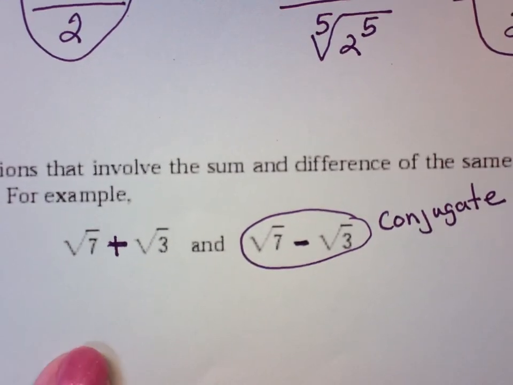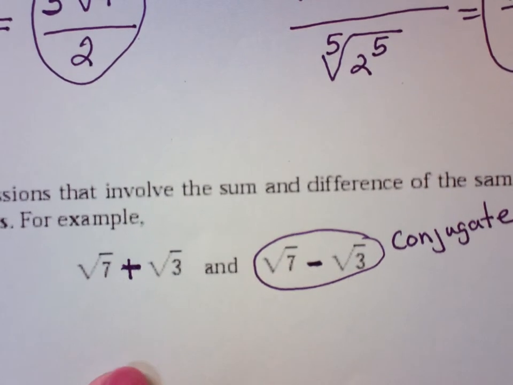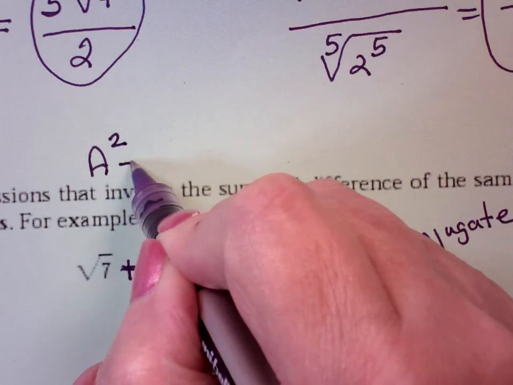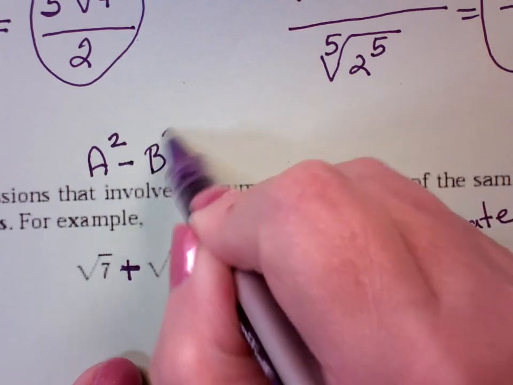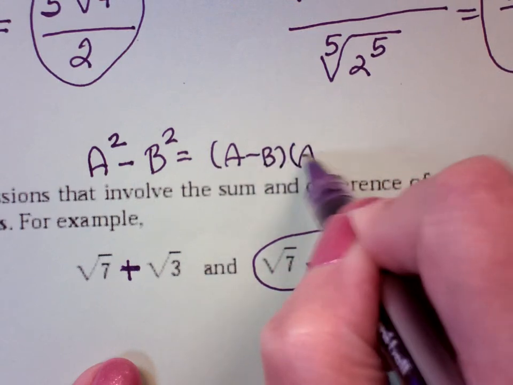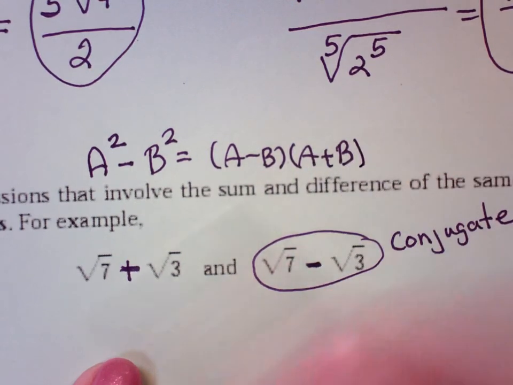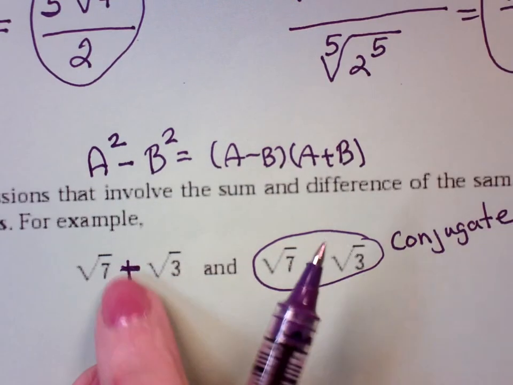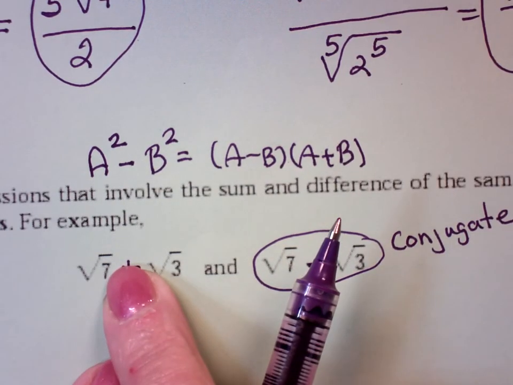And what the conjugate comes from is the difference of squares. A squared minus b squared is a minus b times a plus b. So if you take a look at it, what you're going to end up with is 7 squared minus 3 squared.